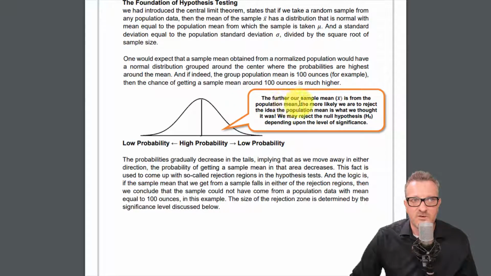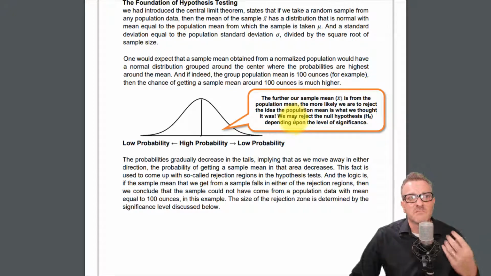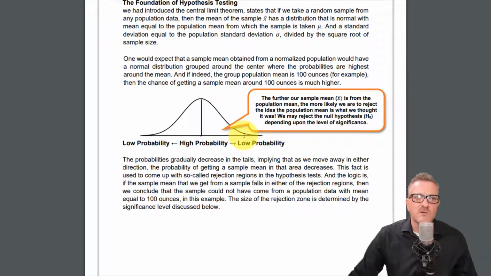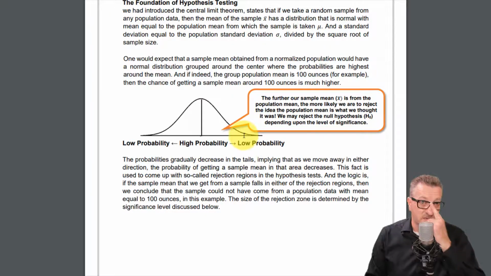It says the further our sample mean is from the population mean, the more likely we are to reject the idea that the population mean is what we thought. So if we take a sample from the population, and the population mean should be 50, and we do a sample that's large enough for the type of test we're doing, and we come back and find out that the sample mean is 20, then we should be scratching our heads.